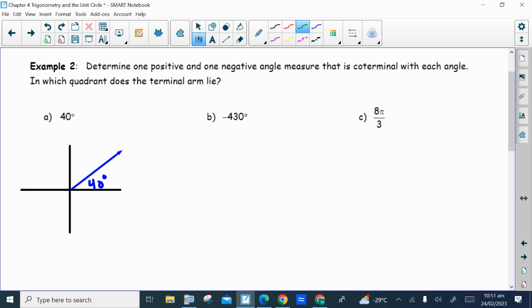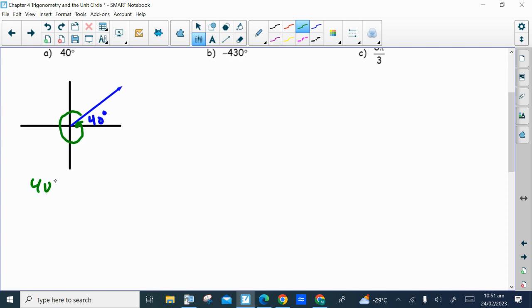So that could be done by going around 360 degrees in a positive direction, which means you would add 360 degrees onto 40. So 40 plus 360 degrees is 400 degrees.